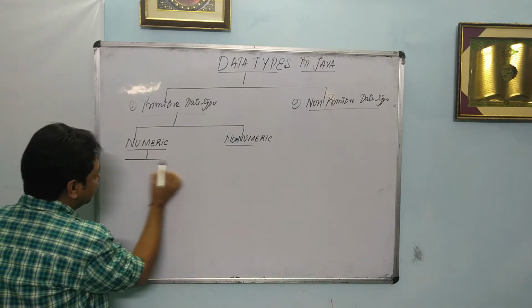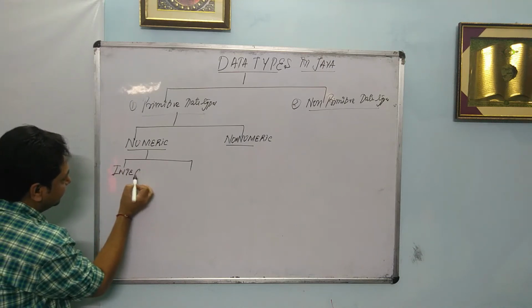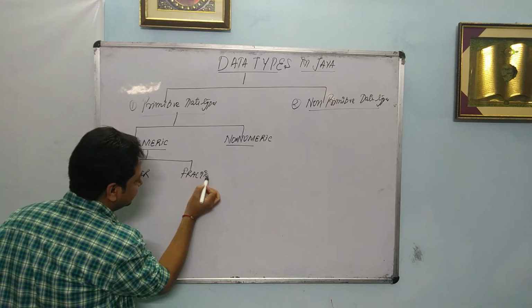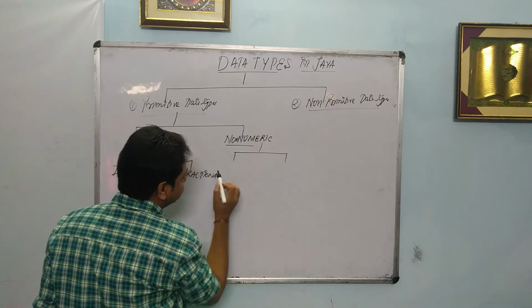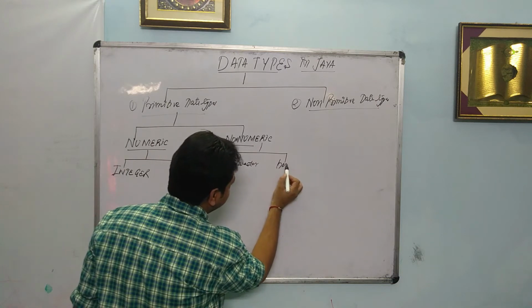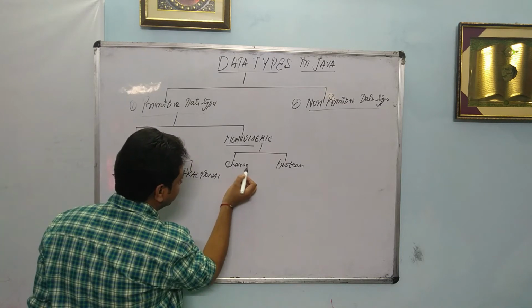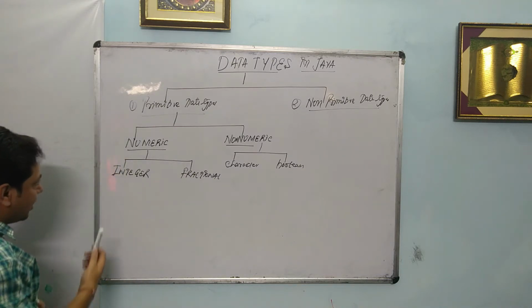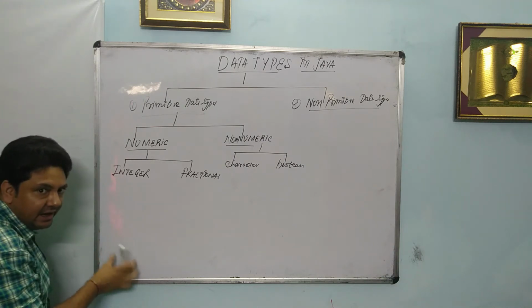Numeric is further divided into two categories: integer and fractional. Non-numeric is divided into two categories again: character and Boolean. If we talk about integer, integer means that which does not contain any fractional part.